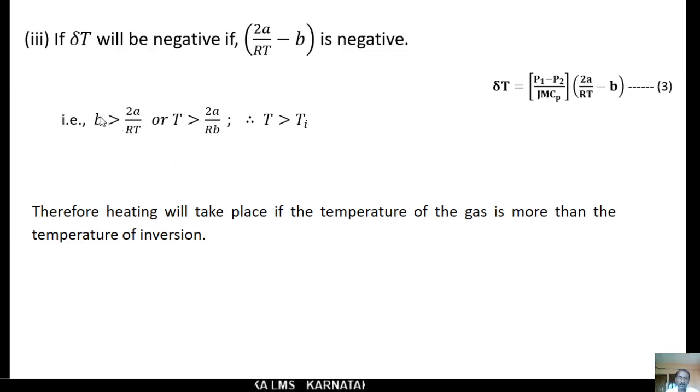This temperature of the gas is greater than the temperature of inversion Ti. Therefore, heating will take place above the temperature of inversion. This is the third conclusion.